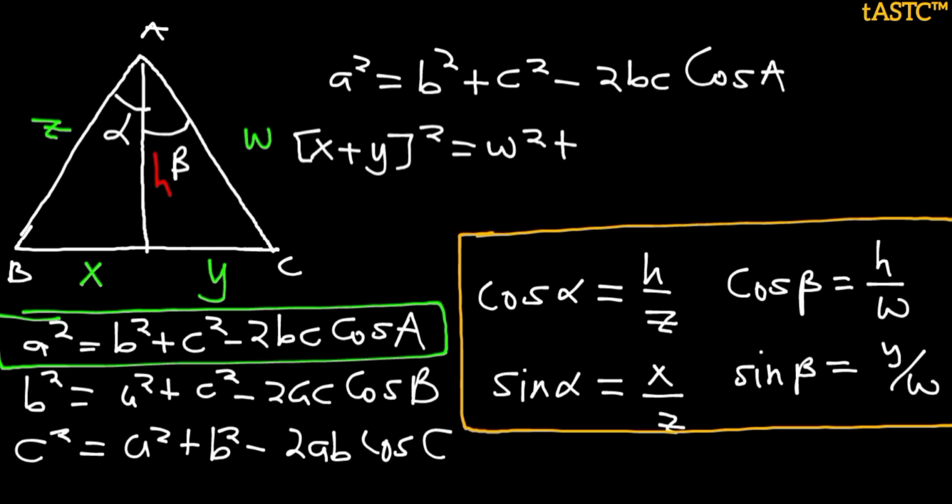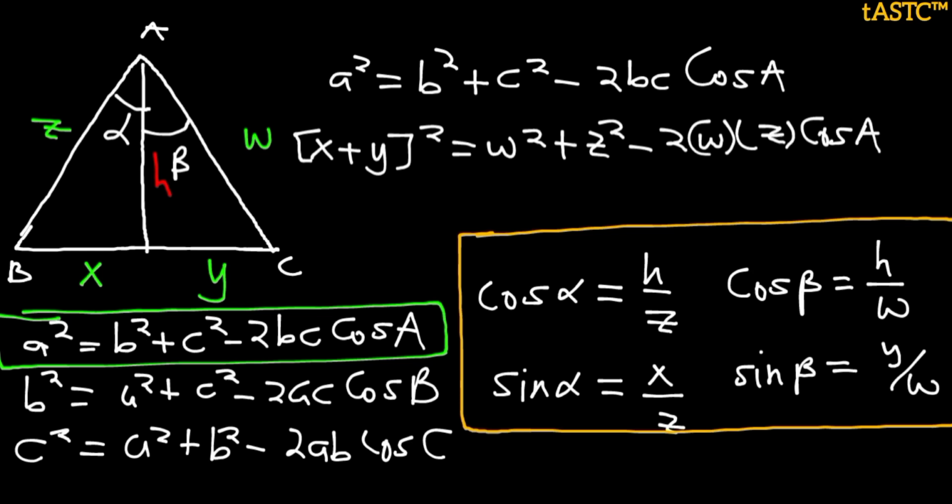The side c, that is the side that faces the angle C, and that clearly is z, so we write z squared. And this will be minus 2bc, so we know b is w and c is z, and then we have cos A.